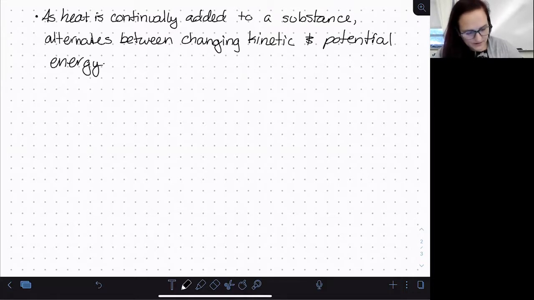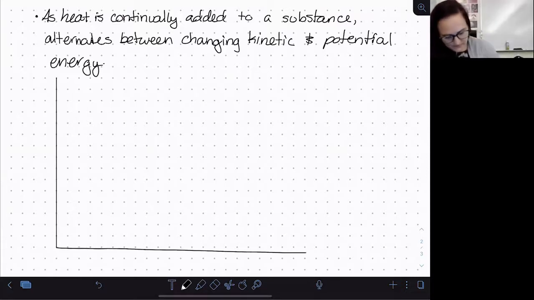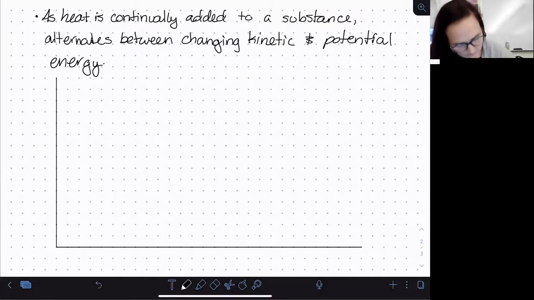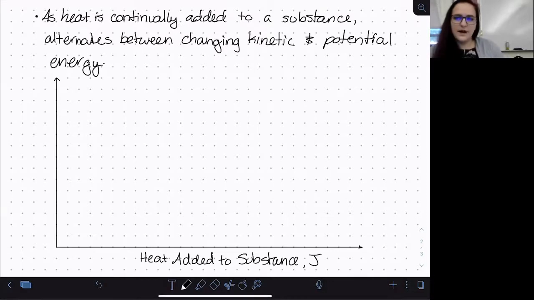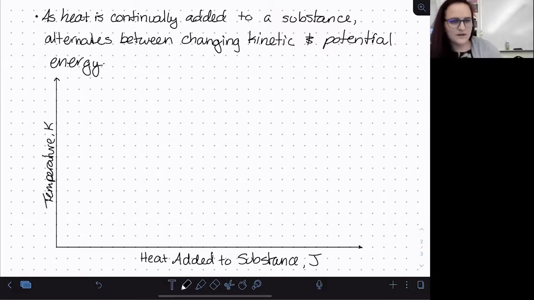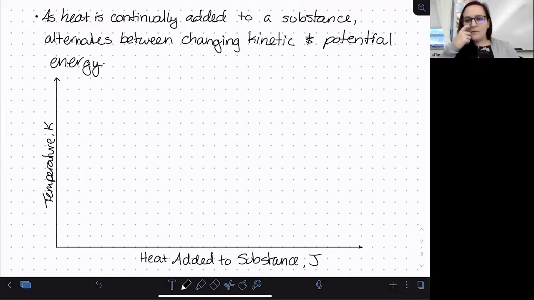So we can represent this graphically with heat added to our substance in joules on the x-axis, and the temperature, say it's in Kelvin, on the y.